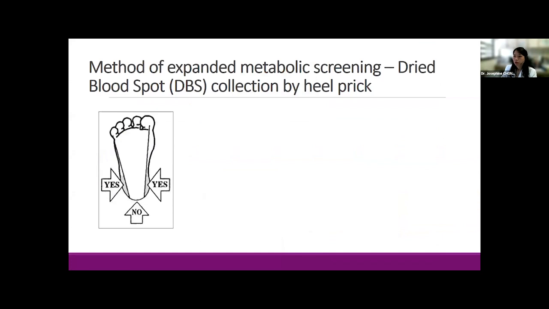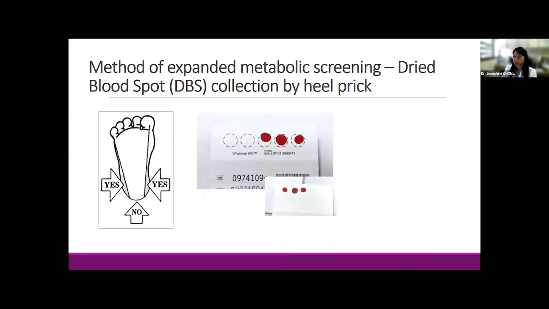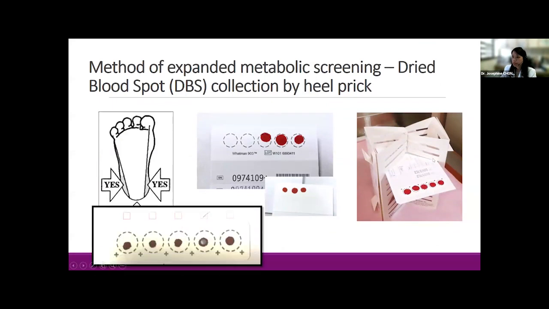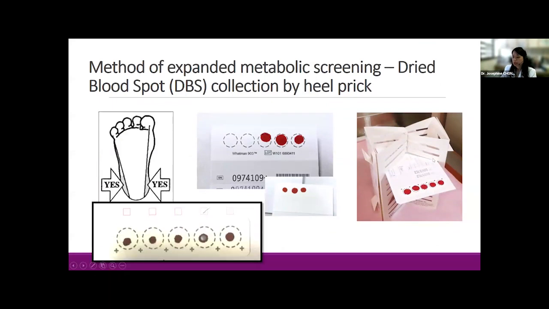The newborn screening method uses dried blood spot collection at the heel prick. You get a large blood drop, then dry it out horizontally, and then they can analyze for the different analytes.